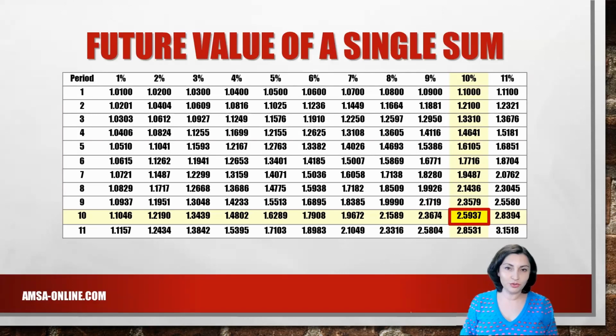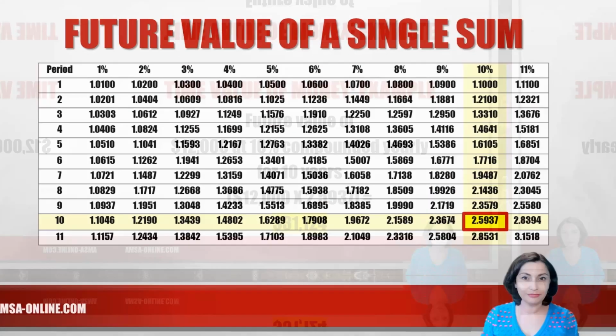We can also use a future value of a single sum table for our calculation to make sure our numbers are correct. Just find the row for 10 years and the column for 10% to get the factor used in the calculation. Watch the video Future Value of a Single Sum for details on how to use the table.